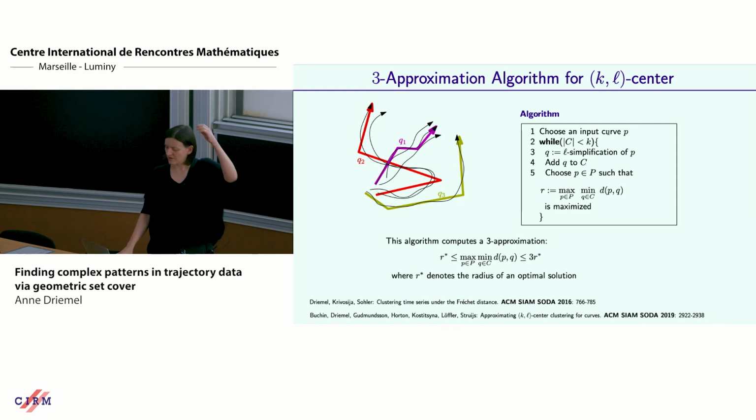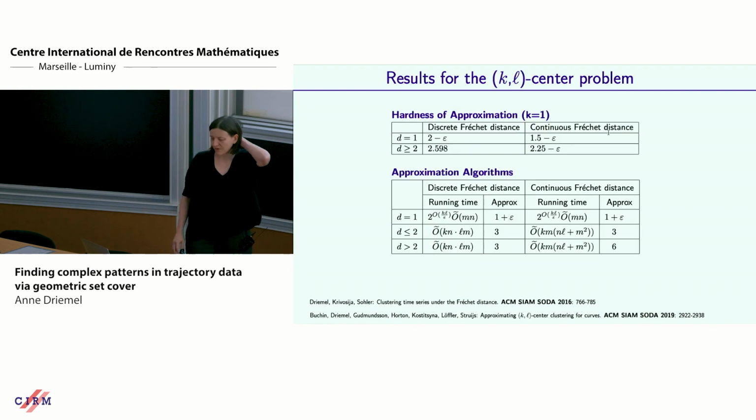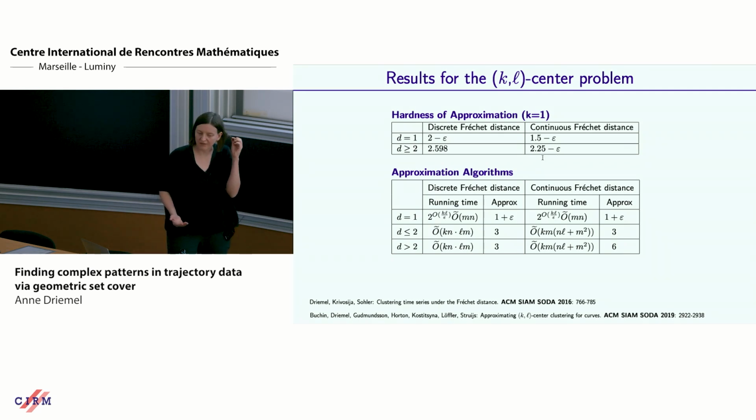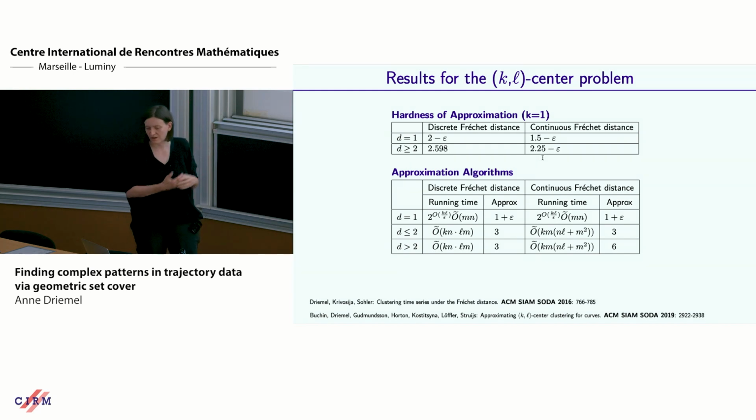Maybe you think a 3-approximation is not so good, but we can also show that it is NP-hard to do something much better, so it's hard to approximate. We have different approximation factors here, but we think that probably it should be 3 minus epsilon. So getting anything better than factor 3 in the setting that we just saw is probably an NP-hard problem.